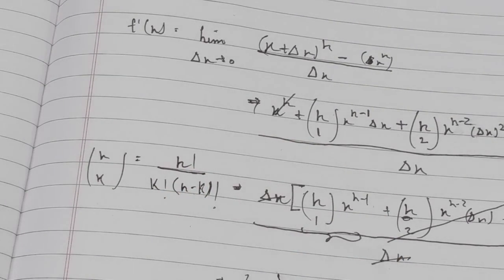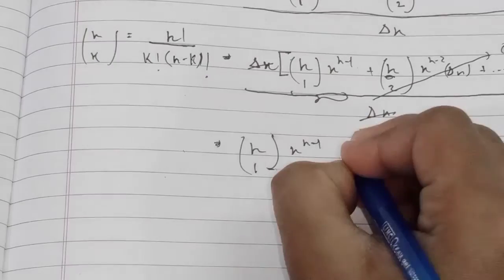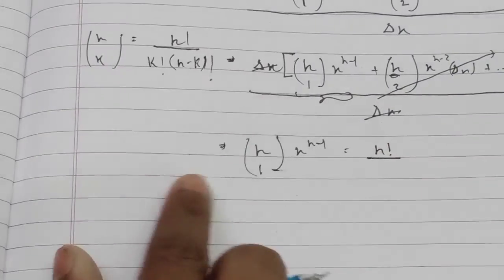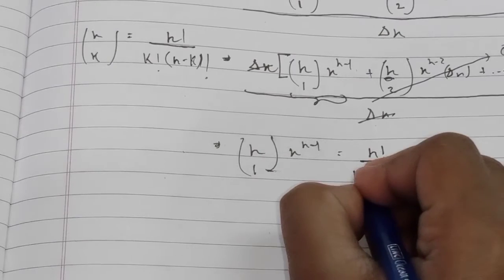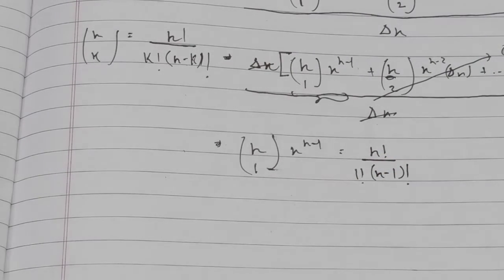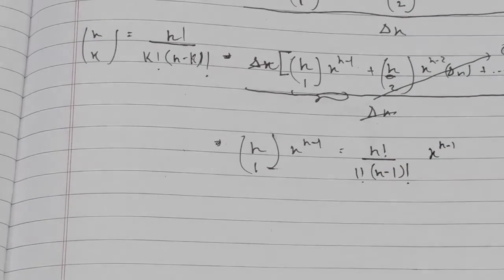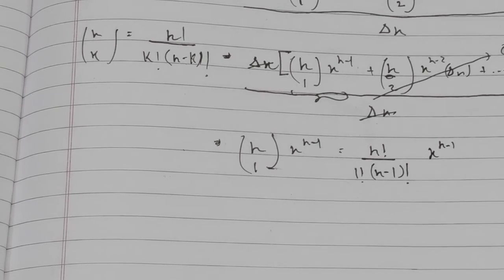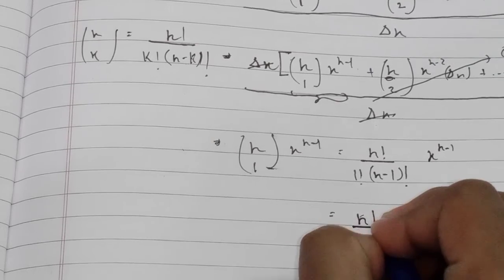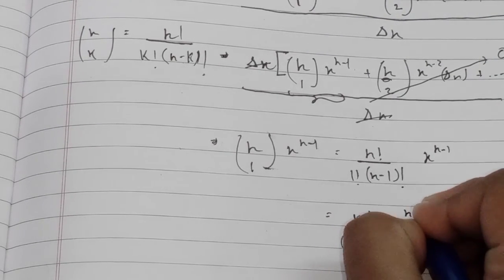So here we have n factorial upon 1 factorial into n minus 1 factorial, and we still have x to the n minus 1 here. Now this becomes n factorial upon n minus 1 factorial into x to the power n minus 1.